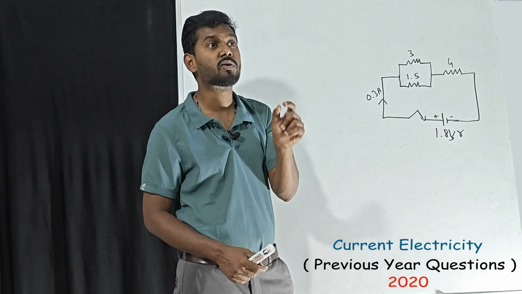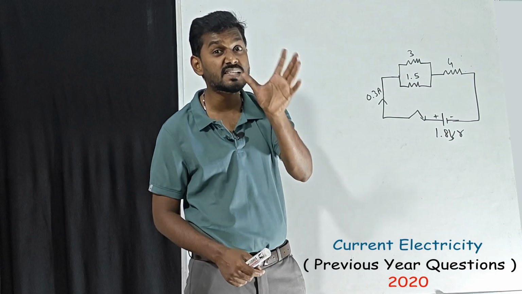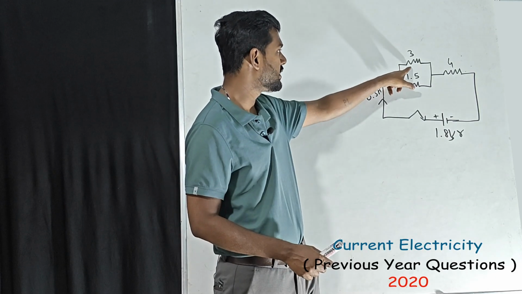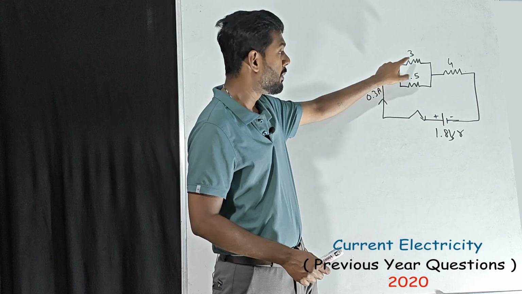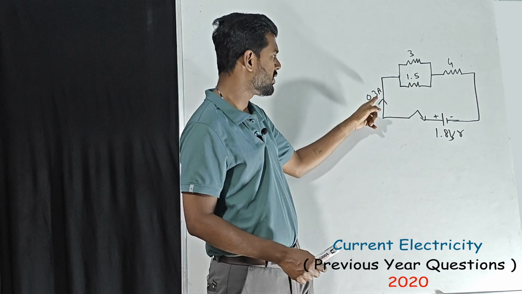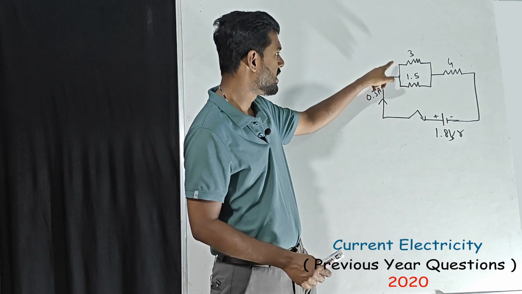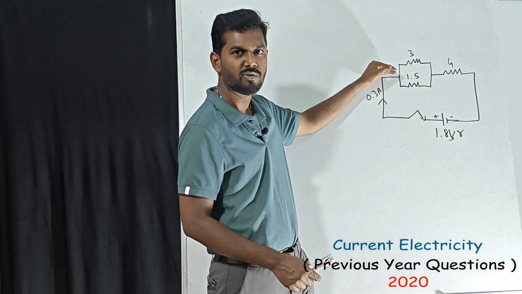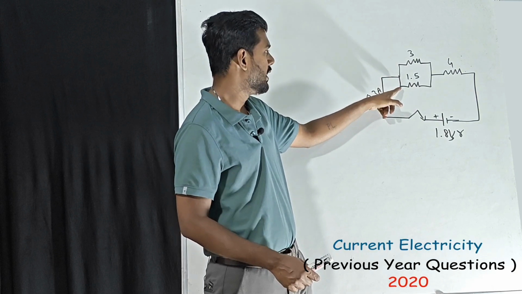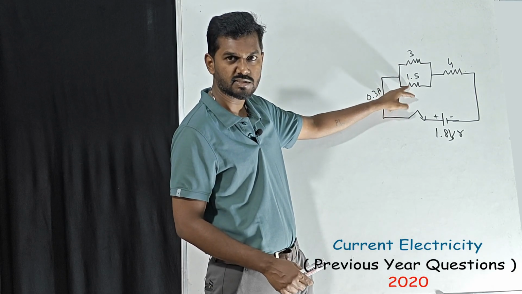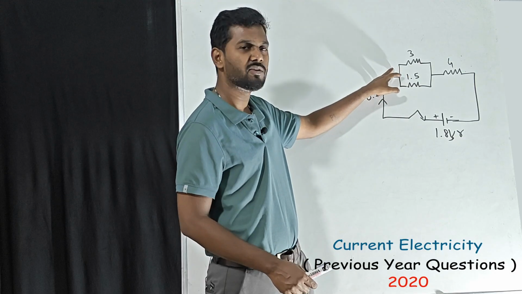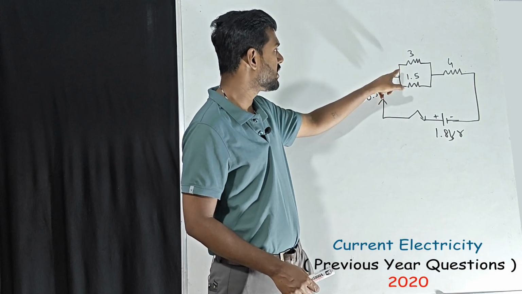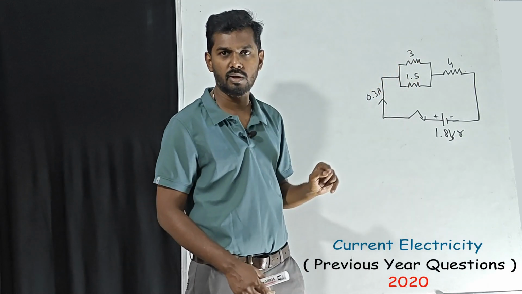Now understand the question: current through the 3 ohm resistor, that means we have to find the current only in the 3 ohm resistance, but that is in parallel. Whenever the current 0.3 enters here, it will divide, some value will go here, some value will go here. If the resistance is less, more current will go there, correct. So we need to find the current in the 3 ohm resistance.